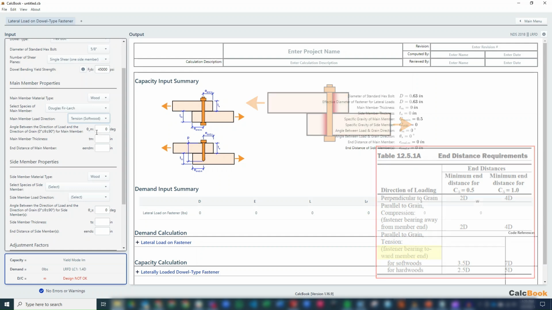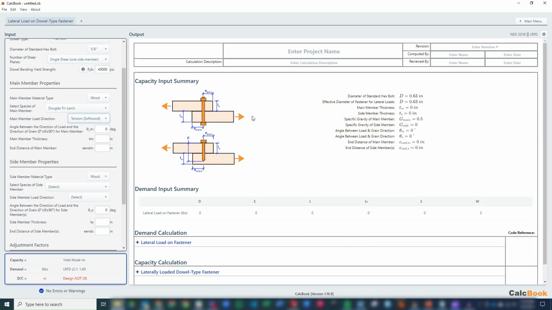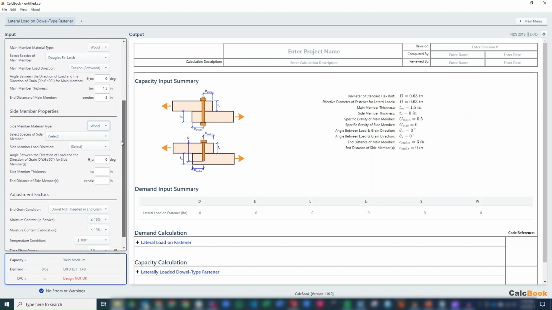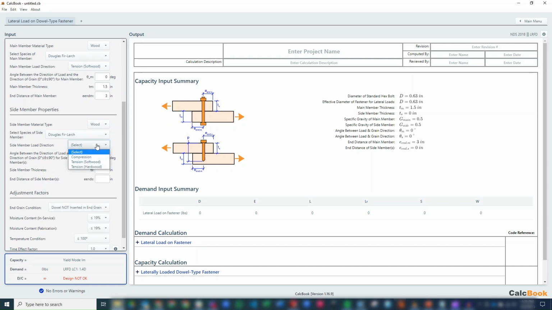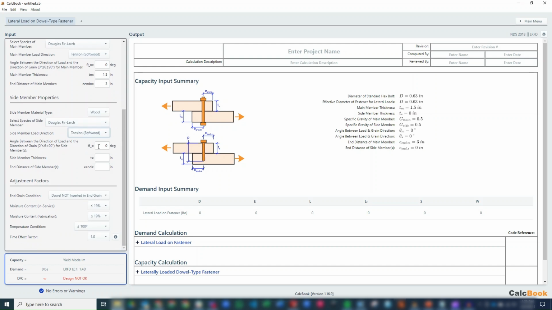Our angle is going to be 0 degrees, because the fibers of the wood are longitudinal, and so we are parallel with those fibers. Our thickness is 1.5 inches, and our end distance is 3 inches. Then we go to our side member. It's also Douglas fir larch, our load direction is also tension, and we are 0 degrees. We're parallel with the fibers.